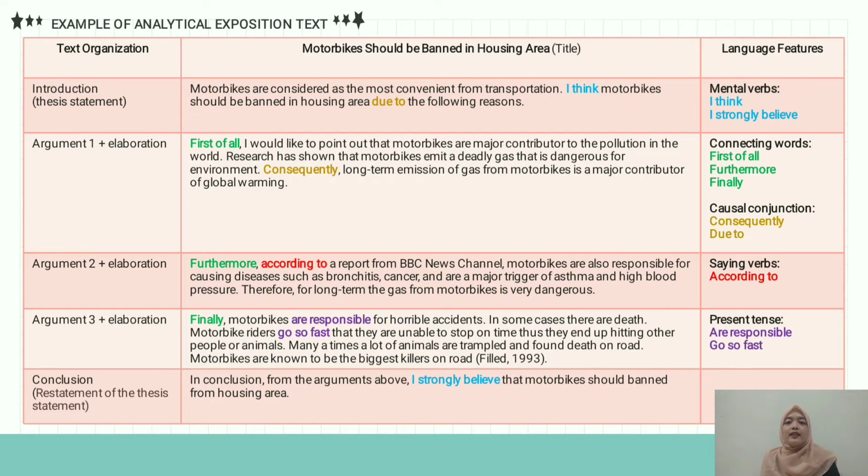Okay, dan consequently, due to, ini menunjukkan sebab akibat. And then ada according to, ini untuk mensupport argumen kita. Di teks ini kita juga menemukan beberapa tenses present tense like are responsible, go so fast, okay?